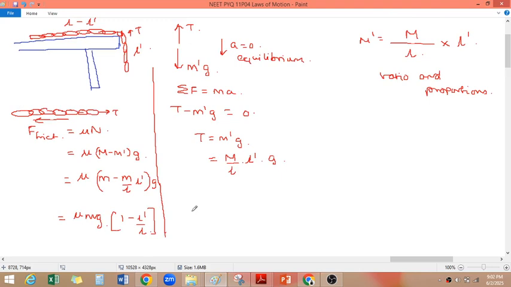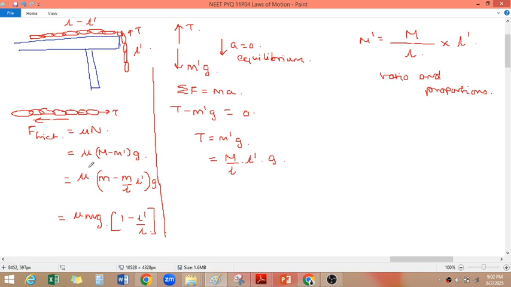So what else can I do? Friction, tension. As long as this and this are equal, tension and friction, I can equate them. If this becomes bigger than the friction, then this will fall down.